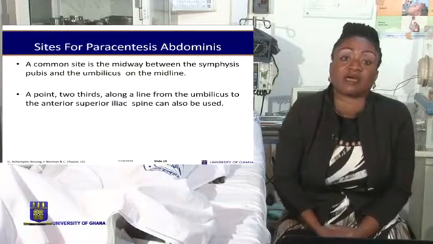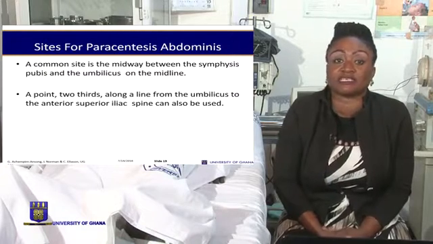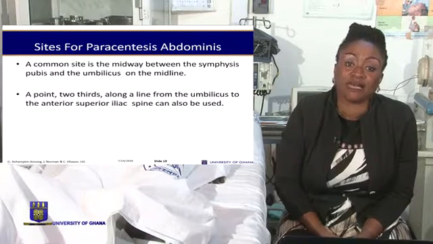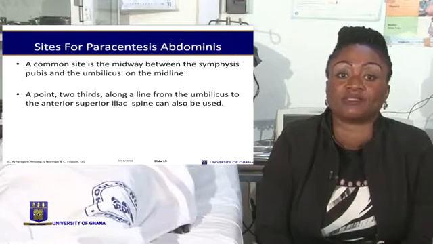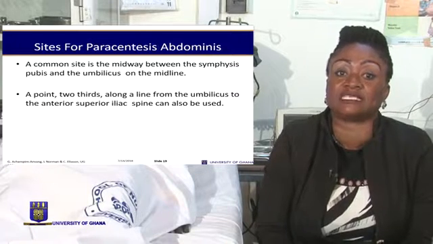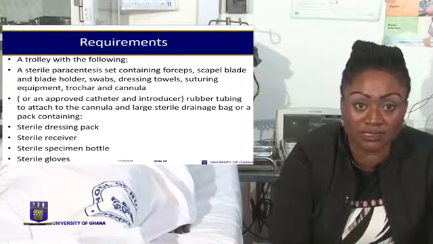The sites for paracentesis abdominis include midway between the symphysis pubis and the umbilicus in the midline, or a point two-thirds along a line from the umbilicus to the anterior superior iliac spine can also be used.